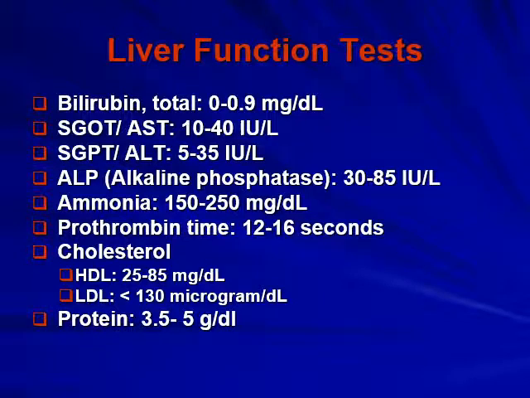So here are the liver function tests, and these are typically pretty challenging for many students, for staff. There's a lot of them. We will not expect you to have these memorized per se, but you would want to know what they're testing, what they're checking for, at least begin to have some sort of an idea.